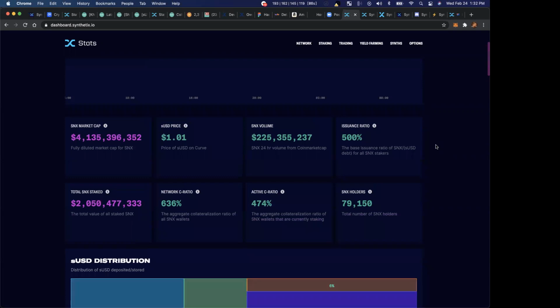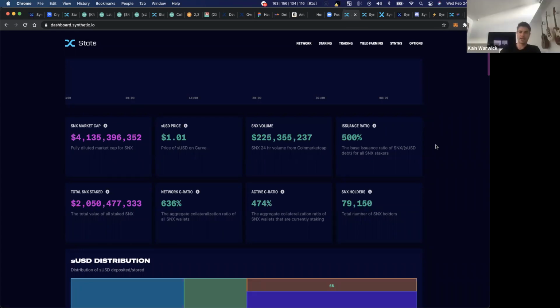So the first part is, Black Thursday, how was your experience? Or maybe there wasn't that much leverage at that time. And the second one would be, what was the thinking behind going with optimism as opposed to XDAI or even, I know you guys wouldn't go to Binance Smart Chain, but I think you get my drift, ZK rollups or something like that.